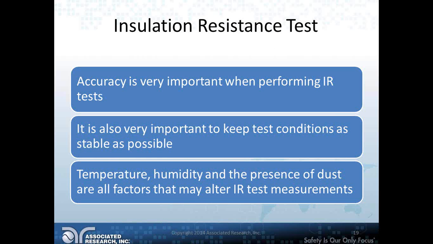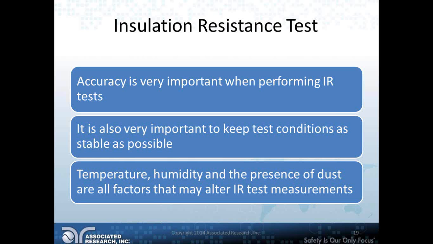If the temperature during the test cannot be controlled, there are ways the insulation resistance measurement must be corrected for a temperature of around 40 degrees centigrade. A general rule of thumb states that for every 10-degree increase in temperature, we divide the insulation resistance reading by 2.